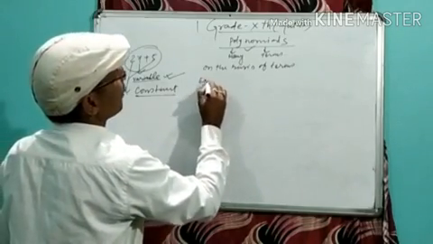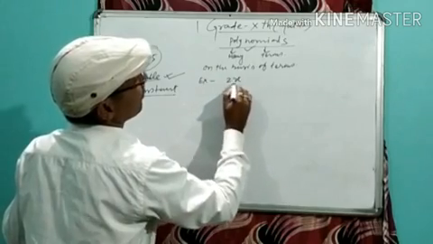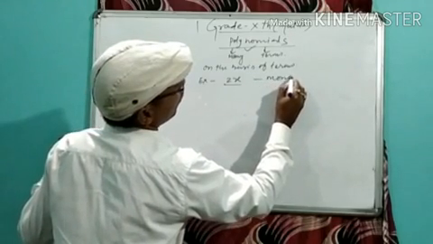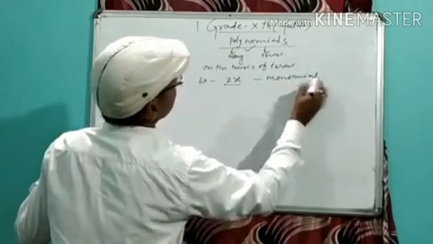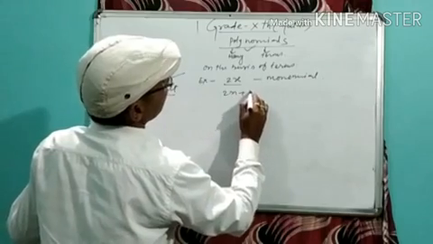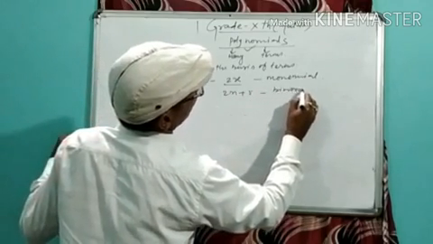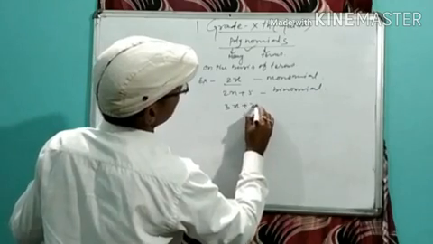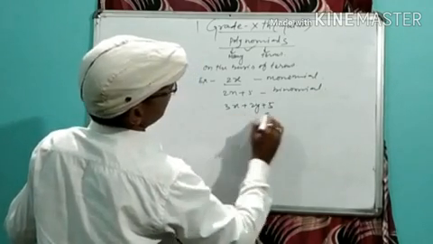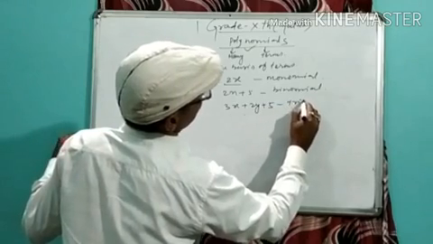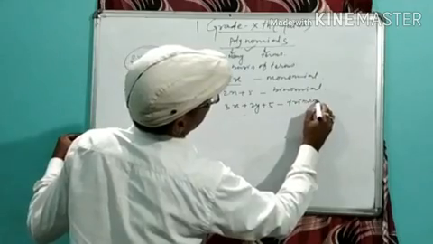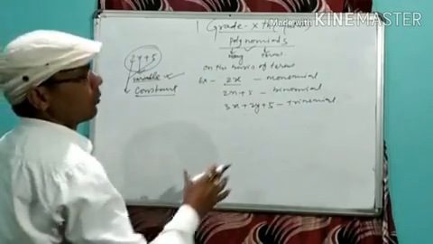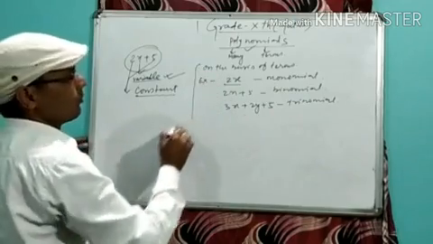Suppose I am taking an example: 2x is a single term, one term, so it is a monomial. Two terms is a binomial. Suppose there are three terms, it is a trinomial. On the basis of terms, later quadrinomial, and so on.